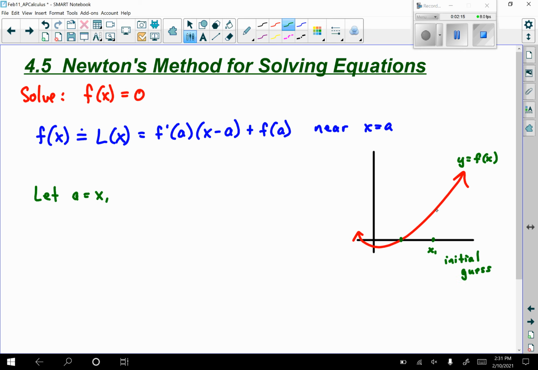So now I'm going to go up to my curve and make a point, and I'm going to draw in my tangent line. So again, we're going to let x, or a equal x sub 1, be the initial guess of the solution.